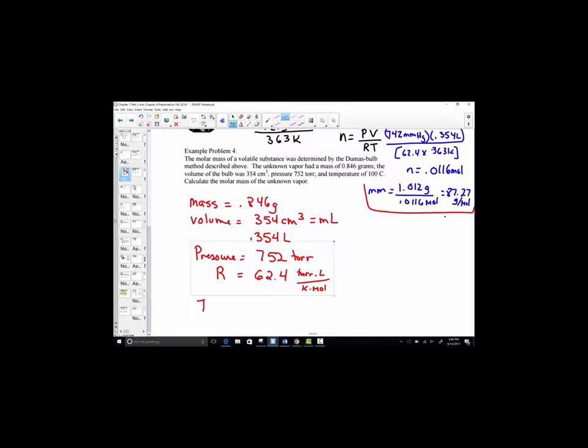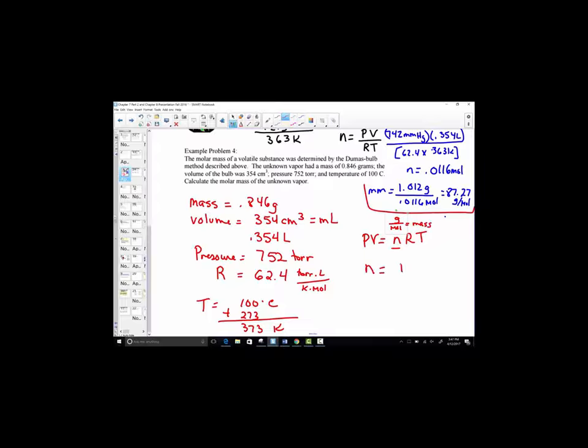And the temperature it's telling us is 100 degrees Celsius. When we use the ideal gas equation, we'll put that in as Kelvin units, 373 Kelvin units. Let's find the molar mass of that unknown. I know that our target, when we set up our ideal gas equation, is n, the number of moles, because hidden in there, we know gram per mole is molar mass. So what we need to solve for first is n.